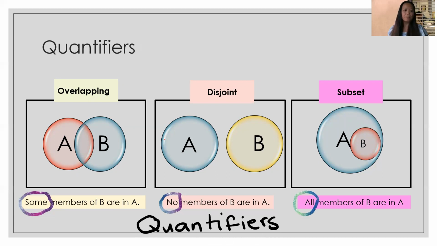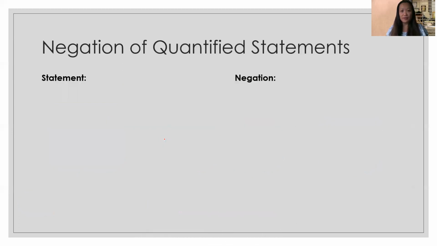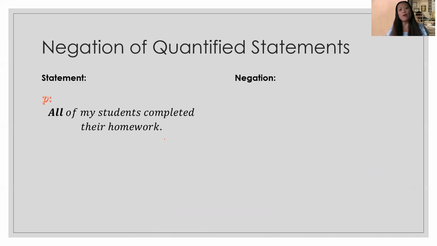Okay? Now, the negation of quantified statements goes like this. Suppose P is the statement, all of my students completed their homework. Well, what's the negation of that? If that statement is true, then what makes that statement false?